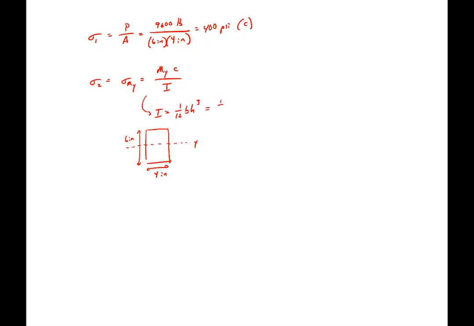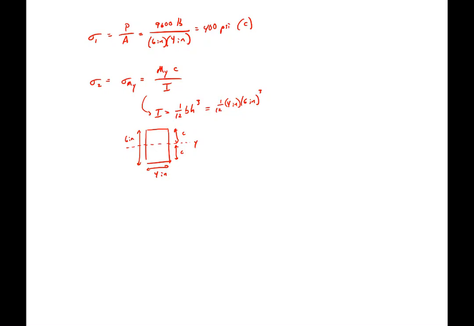So that means this is going to look like 1/12 4 inches times 6 inches cubed. And then my C is going to be either up or down from the neutral axis there, which is the same as the y-axis in this case.